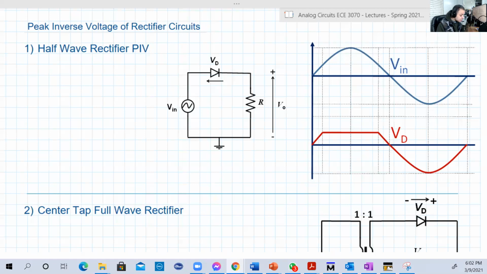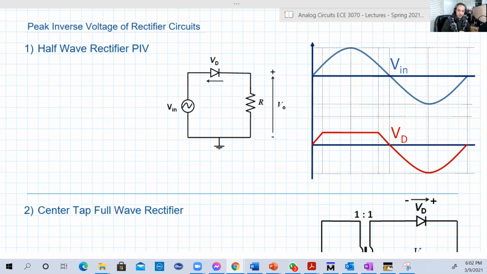Okay, so let's check that. So we studied 3 circuits, half wave and 2 full wave rectifiers. So we're gonna calculate the peak inverse voltage in each one of these circuits in this recording now. Okay, so let's start with the simplest one, the half wave rectifier.